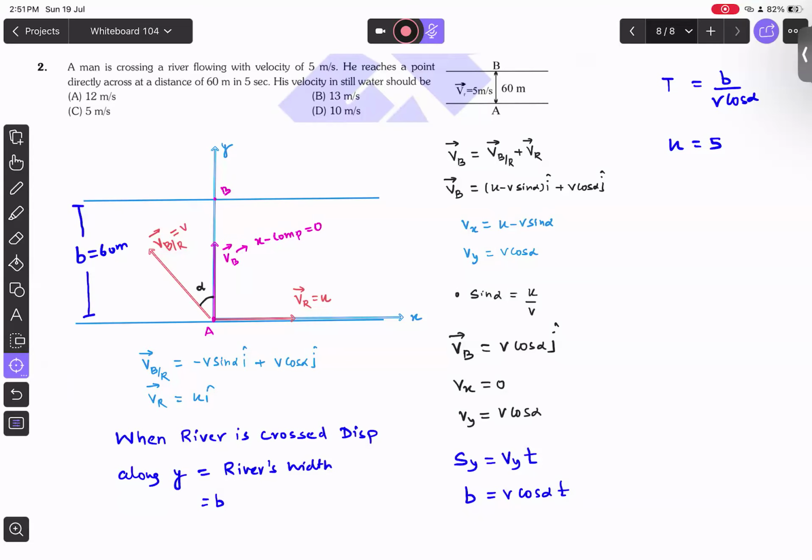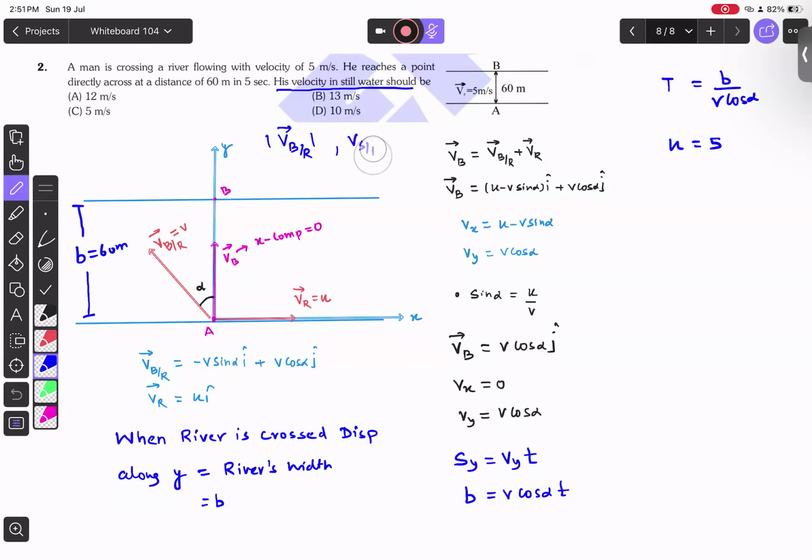So they're asking us to find the speed of the man if he swims in still water, which is a way of telling us to find the value of the speed of the boat with respect to the river, or the speed of the swimmer with respect to the river. Here it is a swimmer, so boat or swimmer, technically from kinematics it doesn't make any difference.